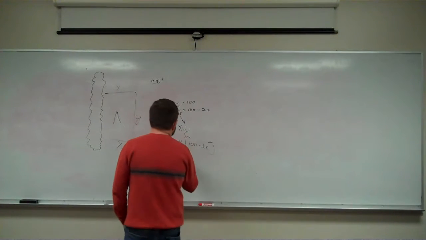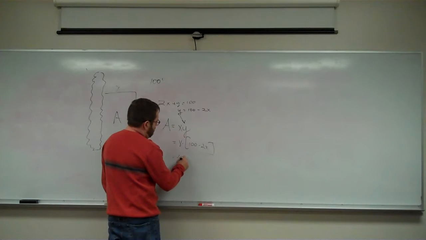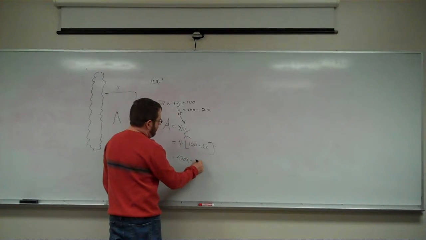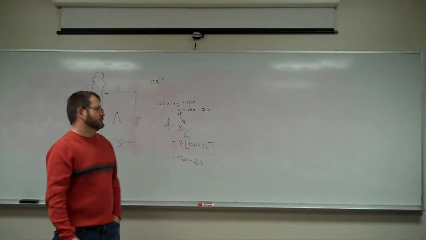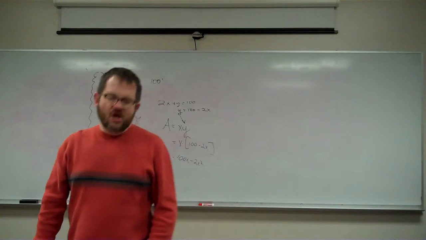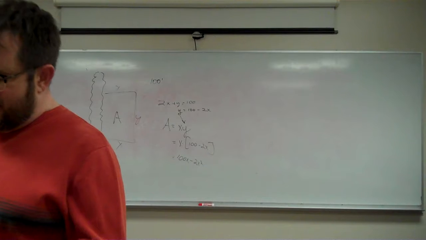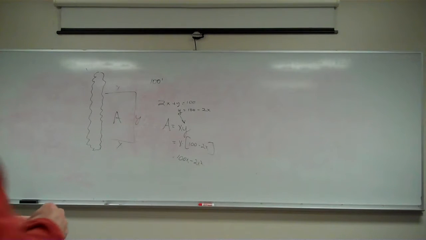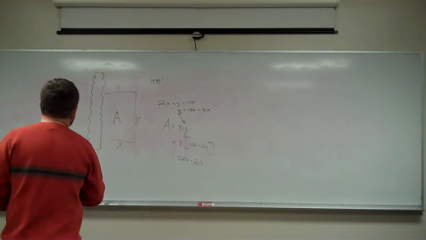And we can actually multiply this out. This is going to be 100x minus 2x squared. So the area of the garden that we make using that wall is 100x minus 2x squared.